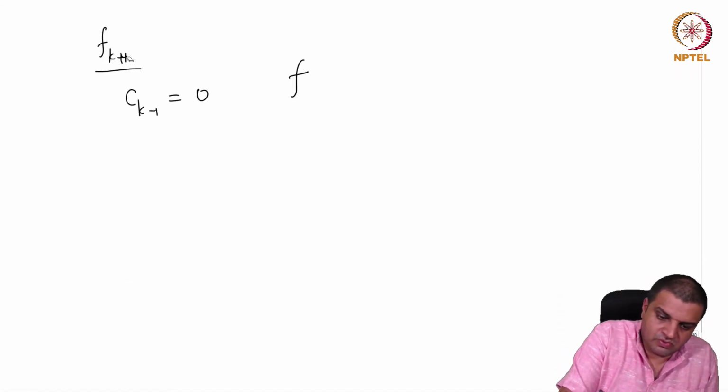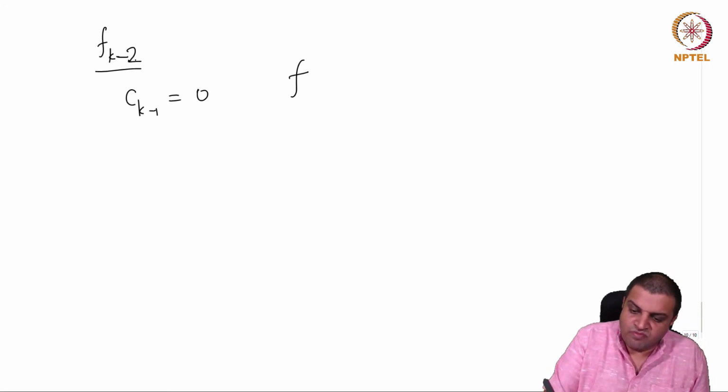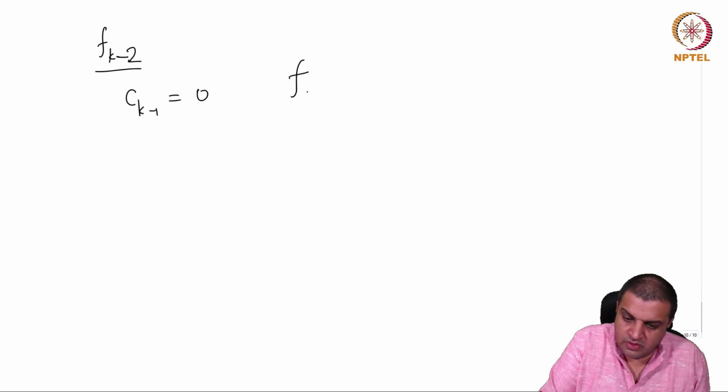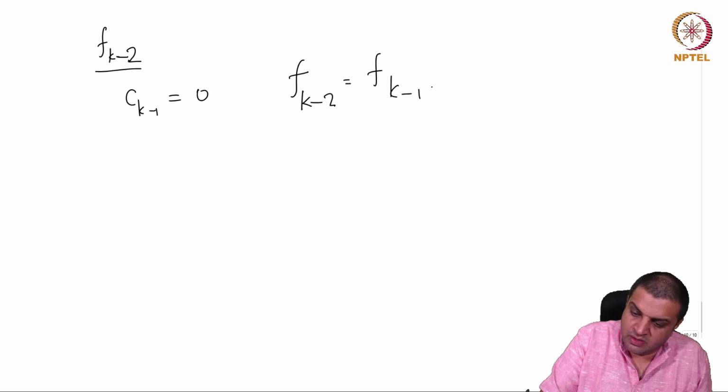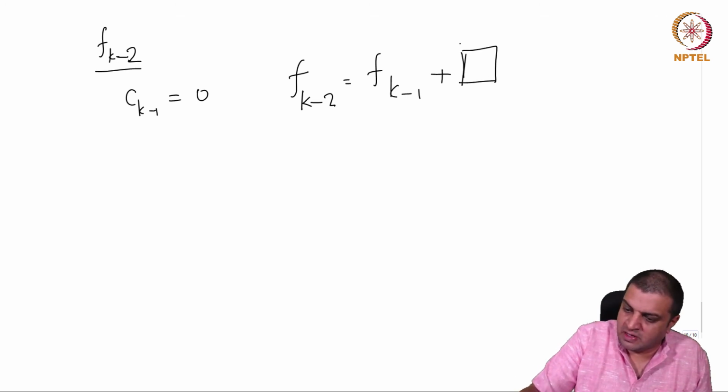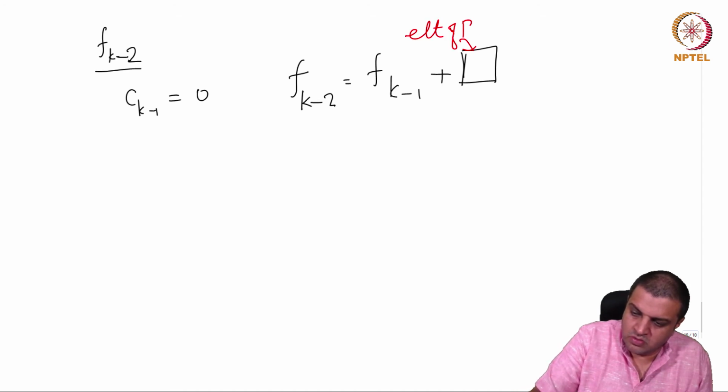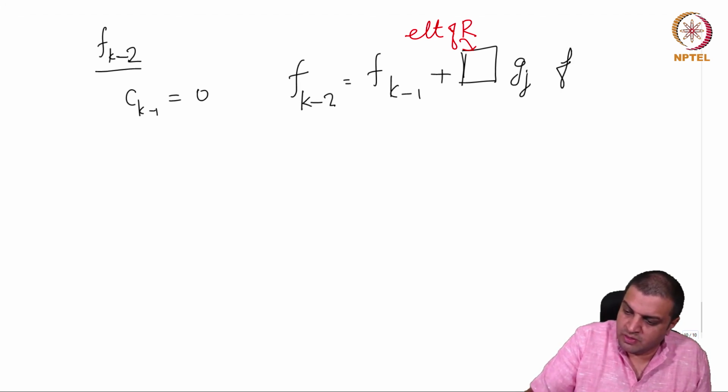So we would have written fk minus 2 as fk minus 1 plus a suitable multiple, this box here says element of R, times gj for some j.